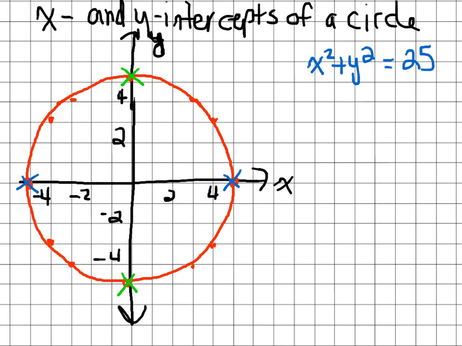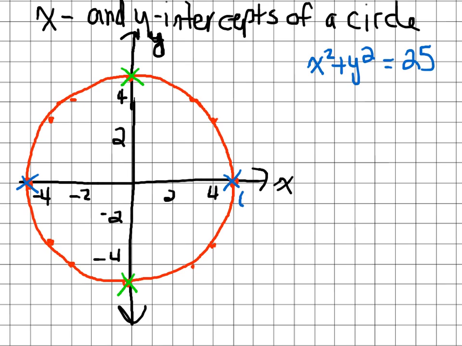It's the same idea for the y-intercepts. If we travel that distance along the y-axis in both the positive and negative directions from the origin, we can determine the y-intercepts. So fundamentally, if we figure out what our radius is, we will know what our x and y intercepts are.